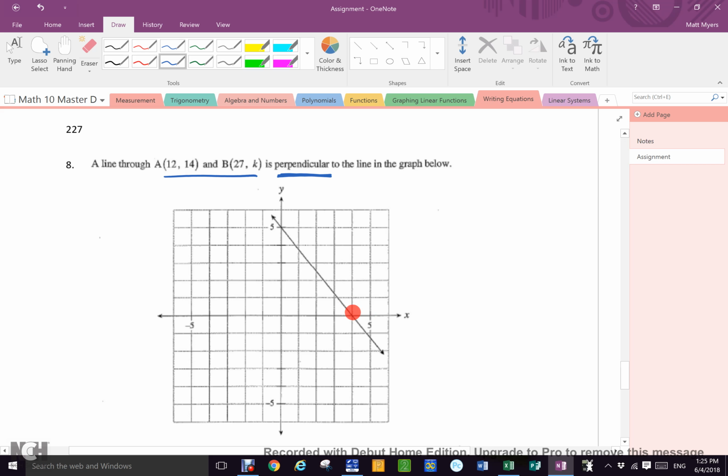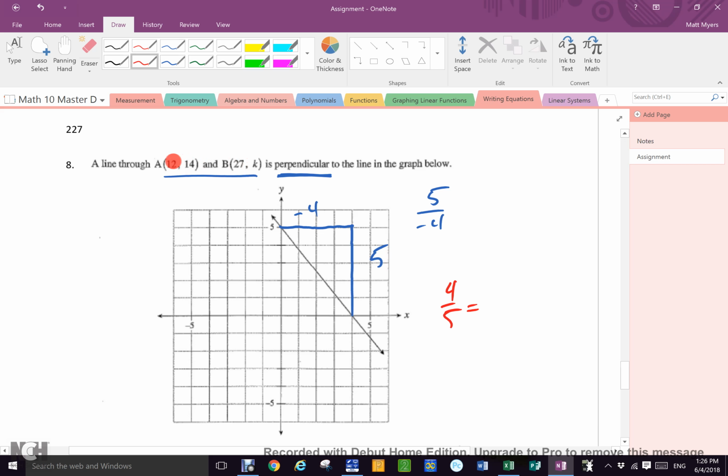By counting. Rise: 1, 2, 3, 4, 5. Run: negative 1, 2, 3, 4. So this slope is 5 over negative 4. But I do not want that slope, do I? What slope do I want? 4 over 5. I flip it and change the sign.